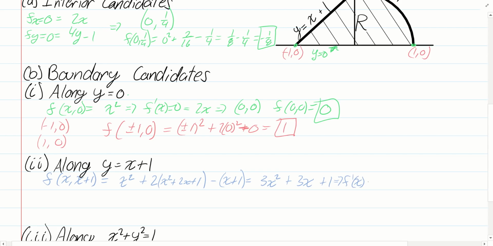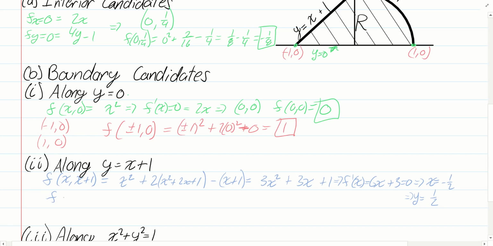F prime of x is going to equal 6x plus 3, which then implies equal to 0, which then implies x equals negative 1/2, which then implies y equals positive 1/2.